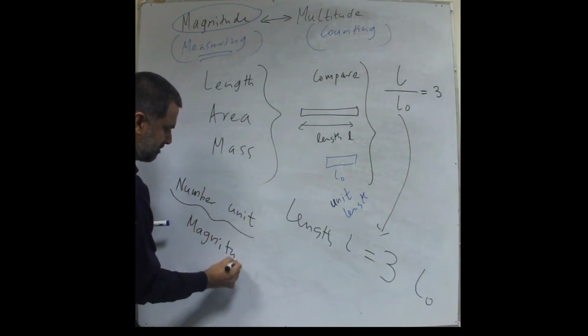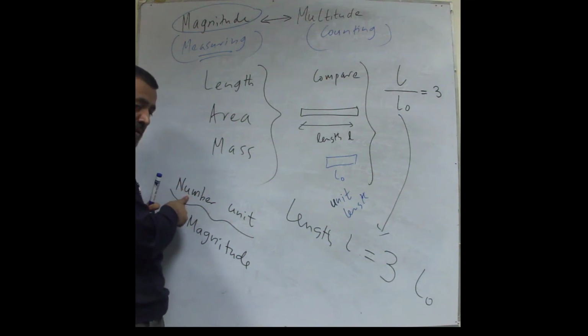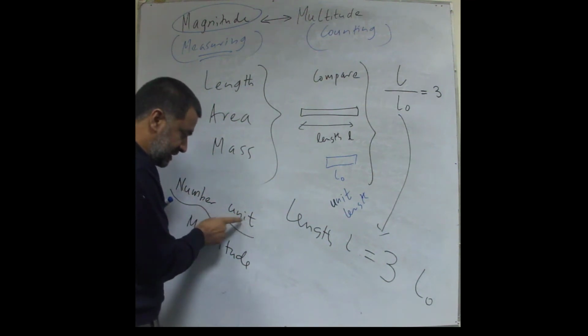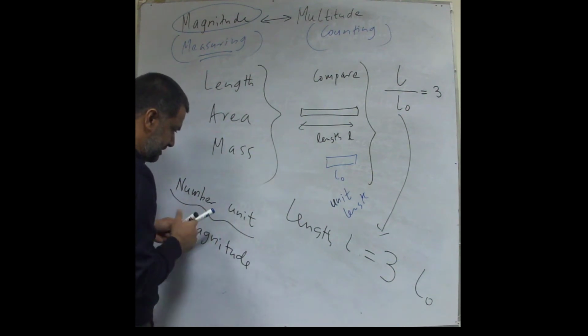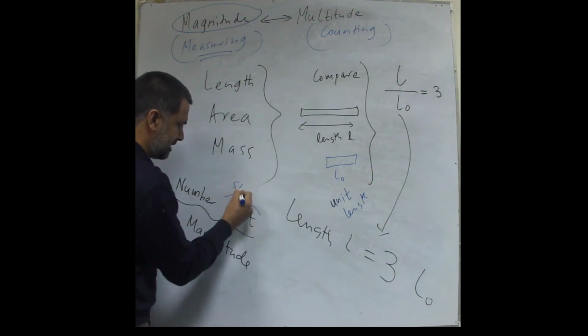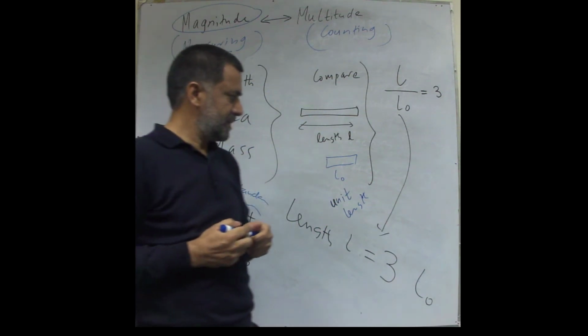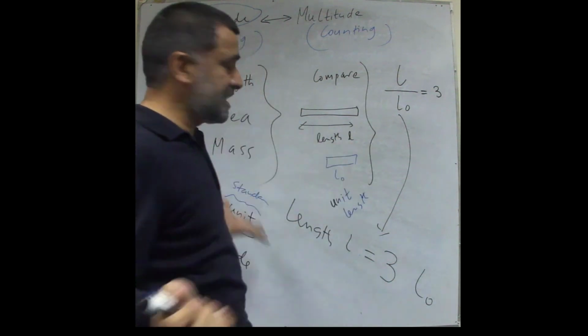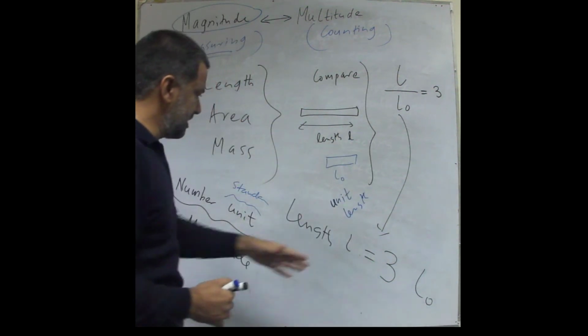This will be an example of a magnitude, and a pure number is not a magnitude. The unit is also a magnitude, but it is a standard magnitude. So let me give you other examples.